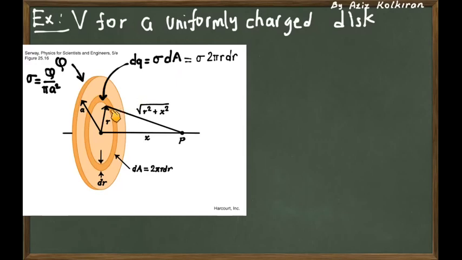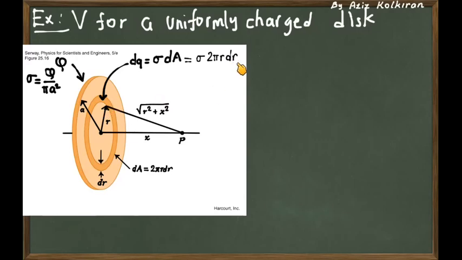The area covered by this ring is the total length of the ring, which is 2 pi r if the ring has a radius r, times dr, and dr is the thickness of the ring.